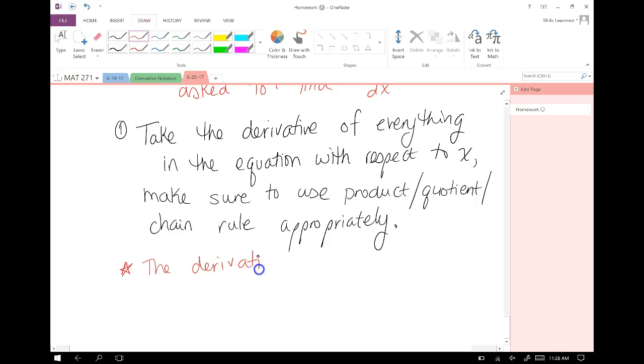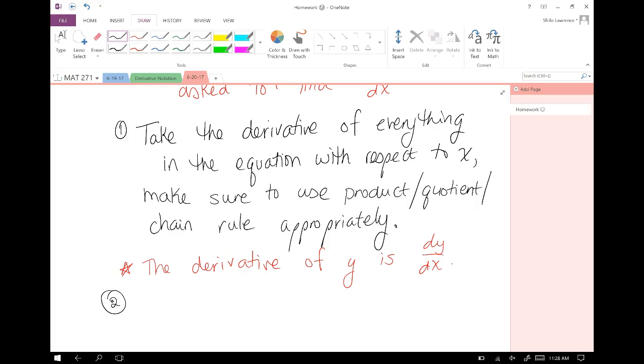So remember that the derivative of y is dy dx. There may be multiple y's in your equation, so when you apply your derivative rules, you might have dy dx appear multiple times.